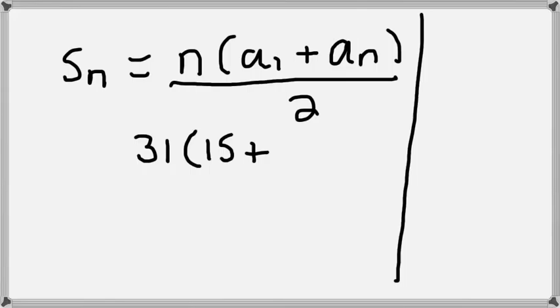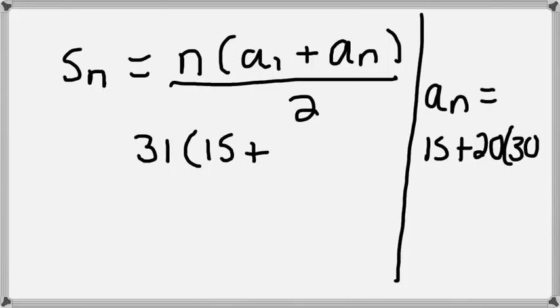I'll use the explicit formula, which is the first term number, which is 15, plus the common difference, which was 20, times n minus 1, and it's 30, because 31 minus 1 is going to be 30.